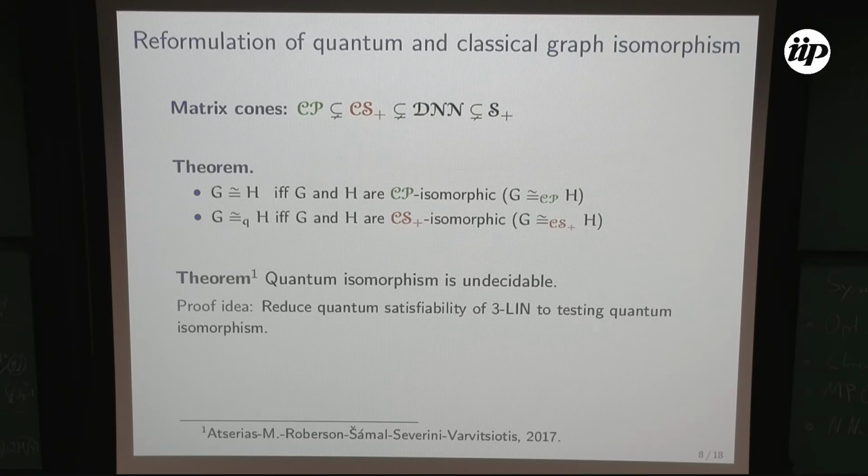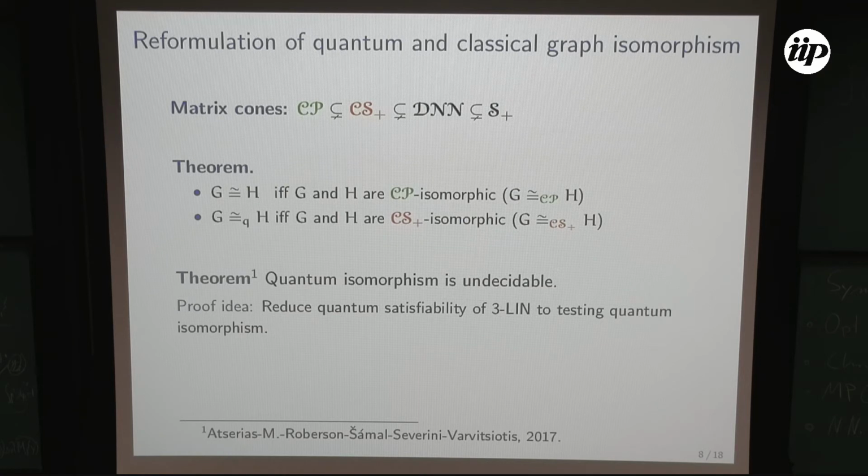And the way we show it is by making use of William Slofstra's breakthrough result, where he showed that computing the quantum value is an undecidable problem for a specific class of games, namely linear system games. So then what we do is we take a linear system and we build a pair of graphs. And we do this translation in such a way that the linear system is quantum satisfiable if and only if the graphs are quantum isomorphic.